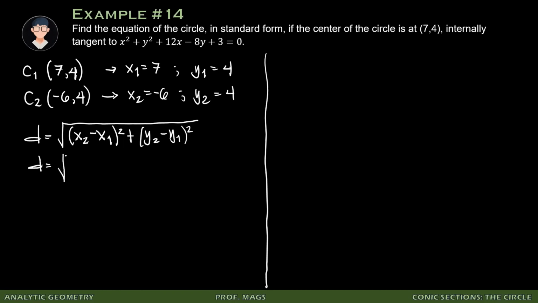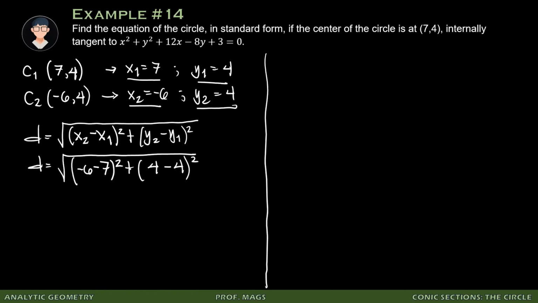So, D is equal to the square root of (x sub 2 is negative 6 minus 7) squared plus (y sub 2 natin ay 4 minus y sub 1 natin din ay 4) squared. So, negative 6 minus 7 is negative 13 squared plus 4 minus 4 is 0 squared.